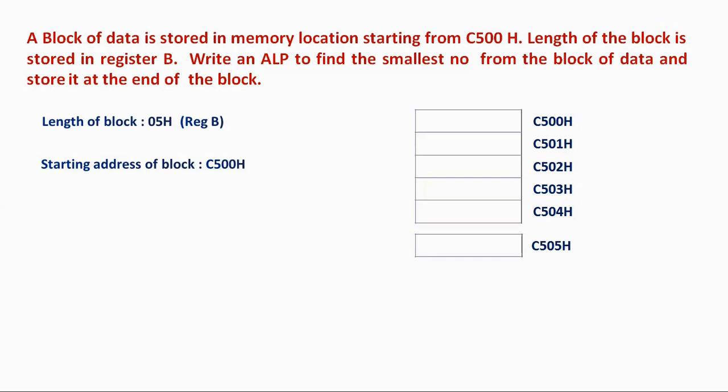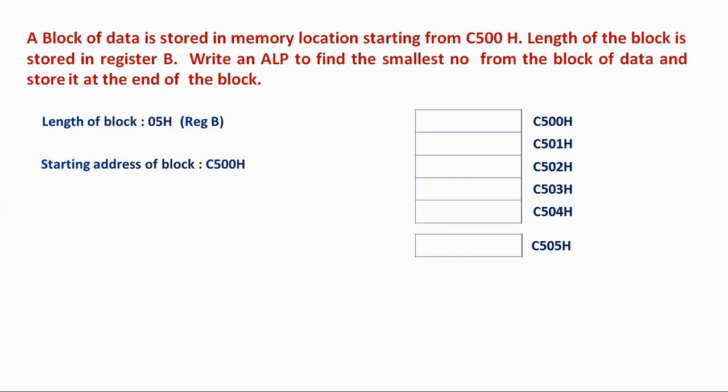So what we are going to do in this program, we'll keep our first number, that is the C500H location's data, in the accumulator. Means our first number will be placed in the accumulator. Then we'll place the second number into the memory pointer M, and then we'll compare A and M. If A is greater than M, means M is the smallest number, then we'll copy the M data into the accumulator.